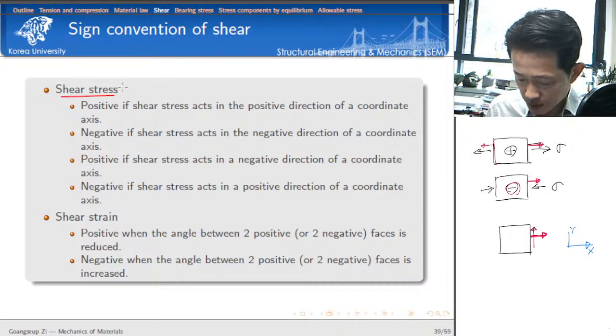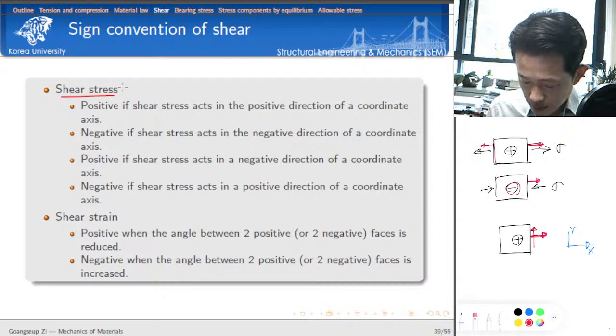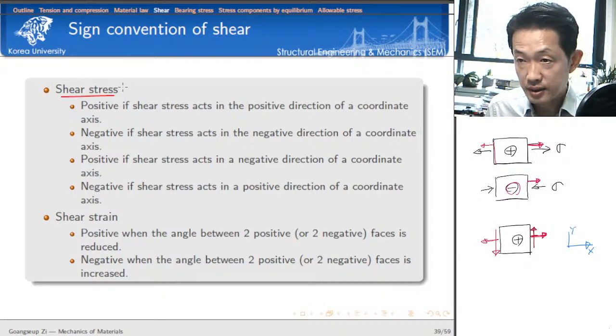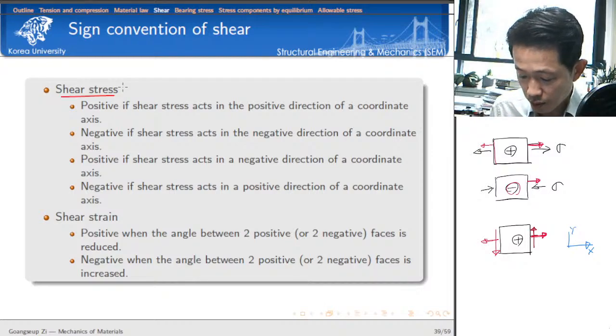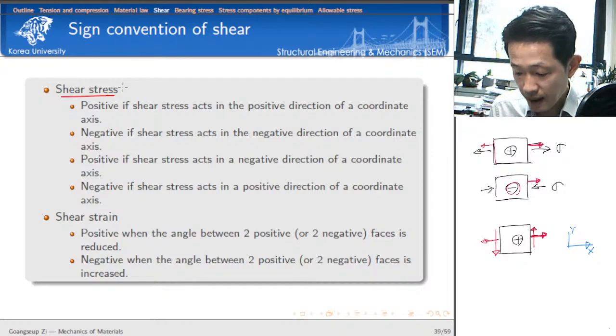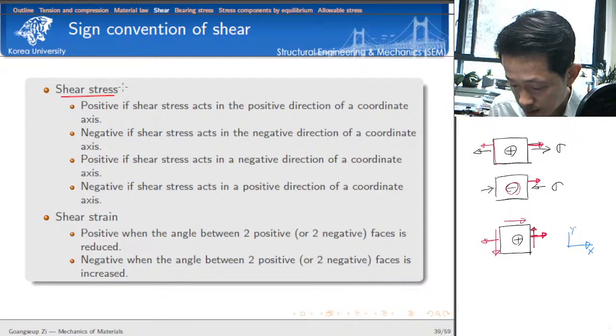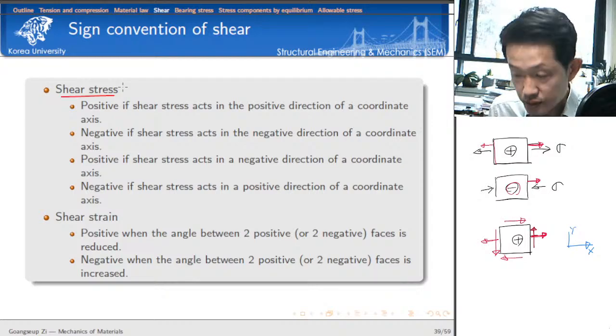Then we call it positive. So the characteristics of shear stress is what? On the negative side, we must have negative shear stress like this. Because of the angular momentum conservation, we need to have the shear stress always in pairs. The shear stress like this. This is a positive shear stress condition.